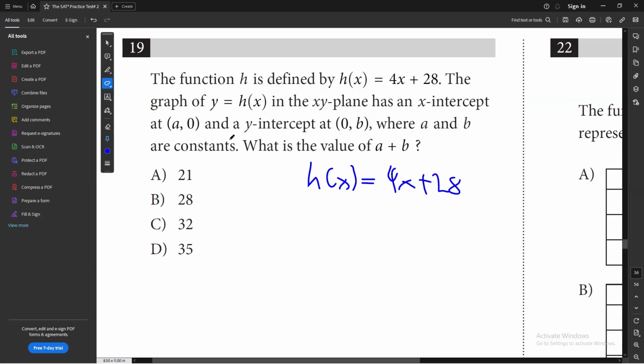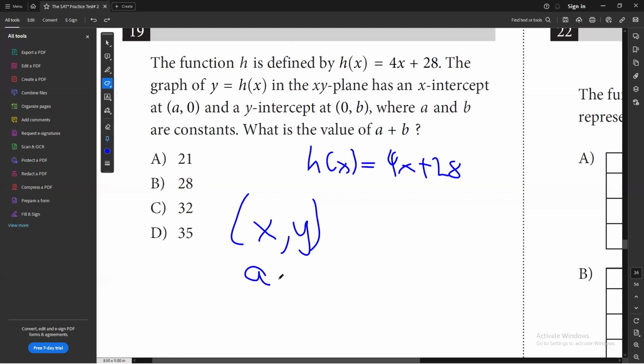And there is an x-intercept at (a, 0). So if we have an intercept, first of all, in parentheses, we write our values like this. This is going to be our x value, and this is going to be our y value. And then if it's saying our x is a and our y is 0, we just can say 0 equals 4a plus 28.